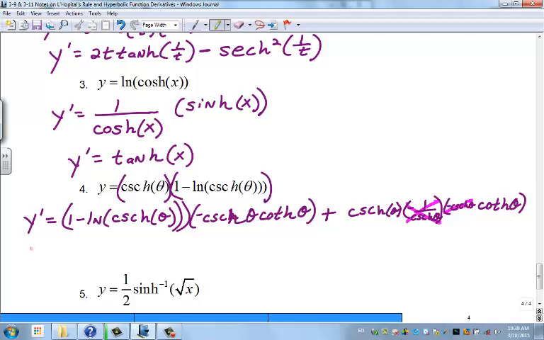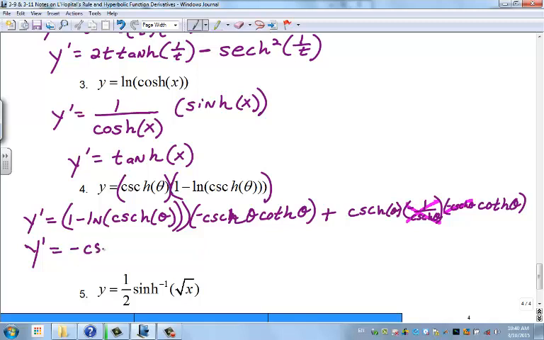Alright, so y prime, and Mary is waking up, of course, is equal to, now it's funny because you have that factor now in both parts. You see you have a cosecant of theta, cotangent of theta here, and you have a cosecant of theta, cotangent of theta here. So I'm going to factor that out of both parts, because if I do, I think I get something a little simpler. Sure, I'll factor it out as a negative.